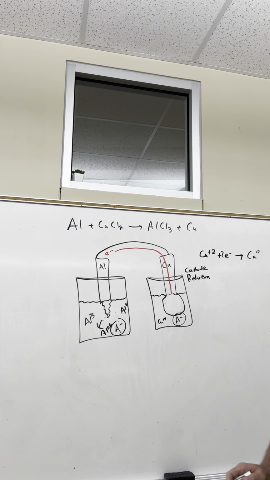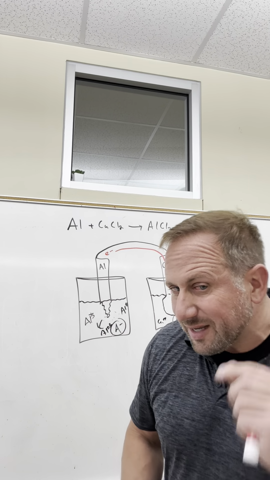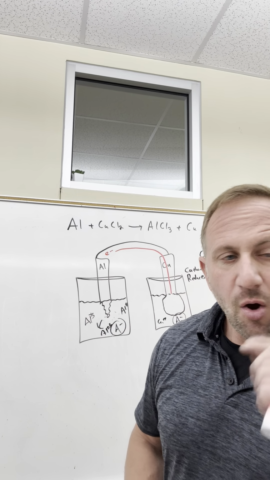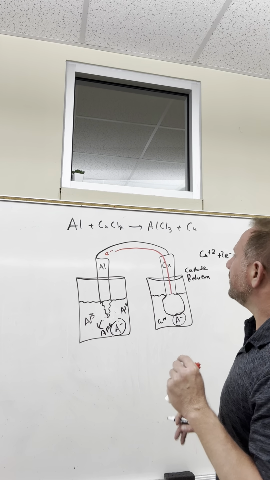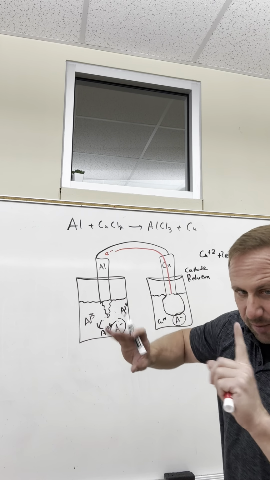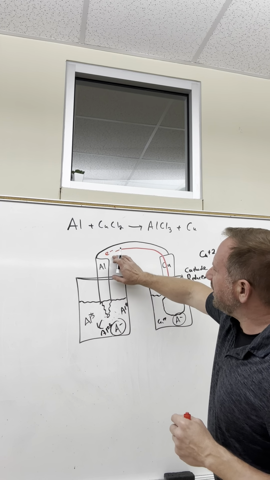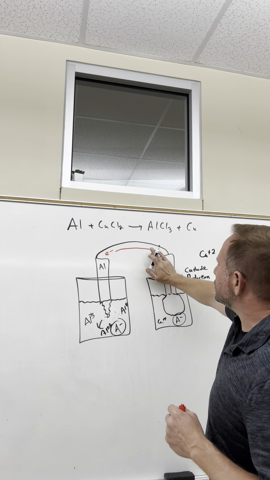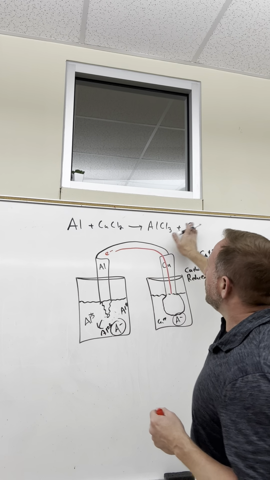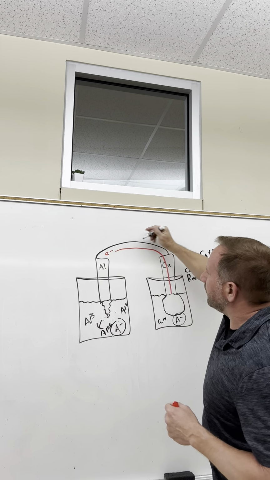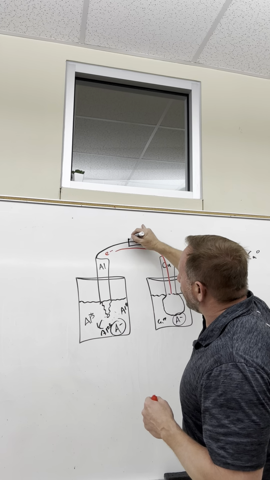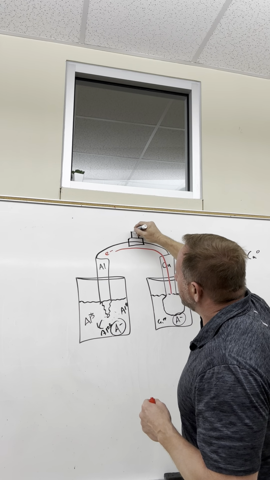Now, with that being said, what is actually happening? We're missing a salt bridge, and we're going to come back to that in a sec. These electrons, as they travel down this wire, we can put them on what we're going to call a load.